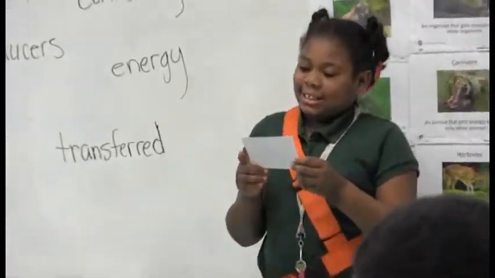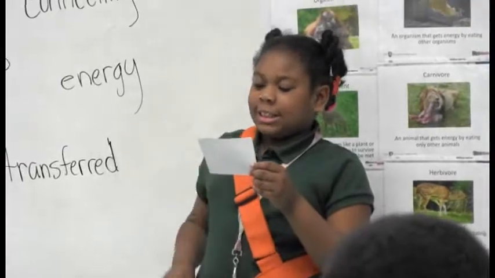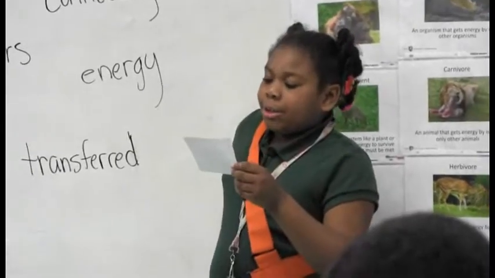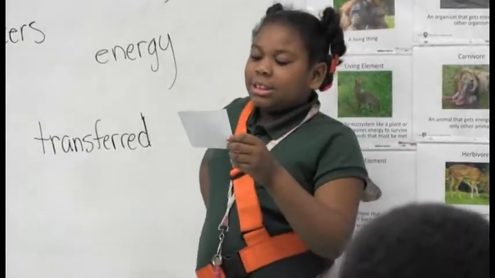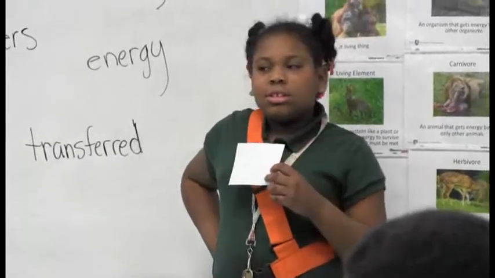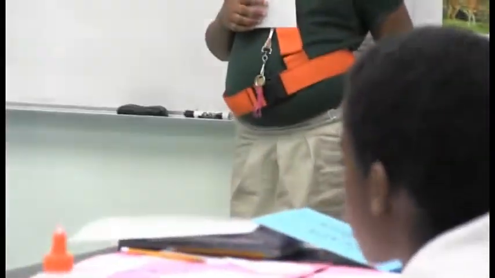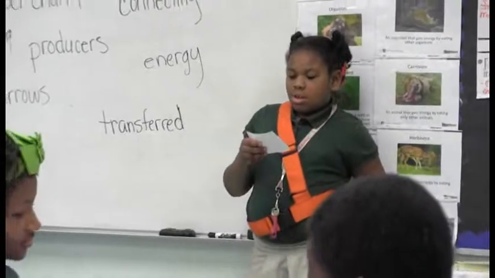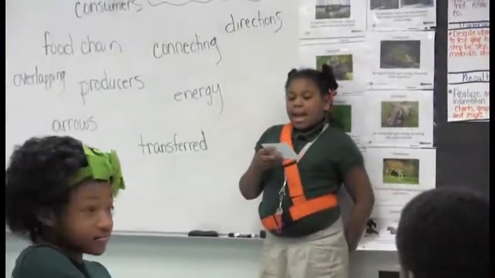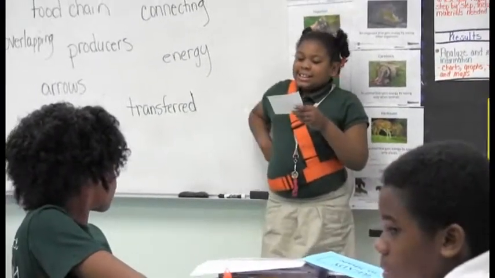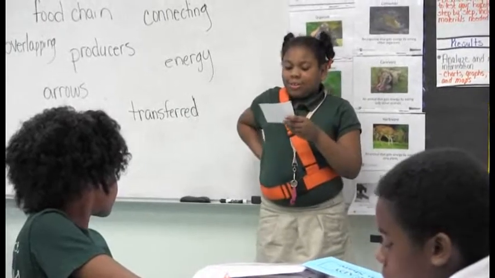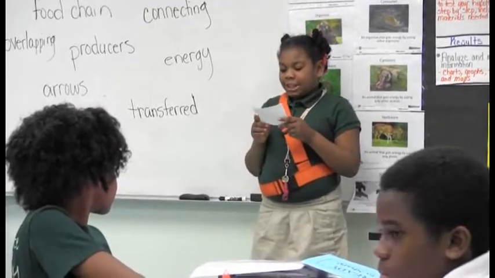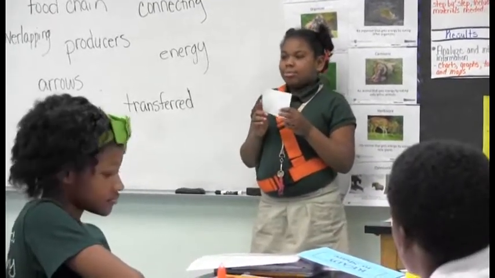A food chain is the sequence that traces food energy from producers and consumers. Stop there. Did everybody get that? Yes. That one should have been pretty easy. Go to the next one. Say it again. A food chain is the sequence that traces food energy from producers and consumers. Number 2.